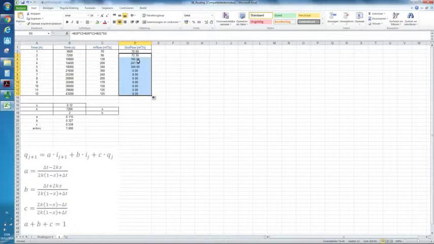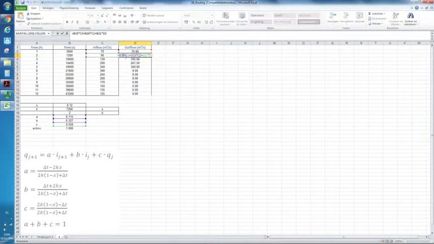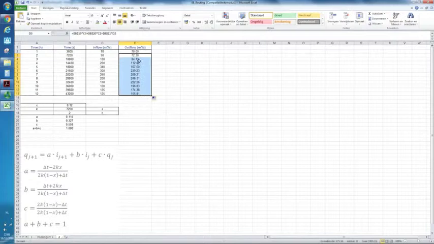Now, the remaining will be exactly the same. Let's have a look. Oh no, not exactly the same, because I forgot to fix some of these values. These should be fixed, of course, our A value, our B value, and our C value, and then we can drag like this. So it will be correct normally now.